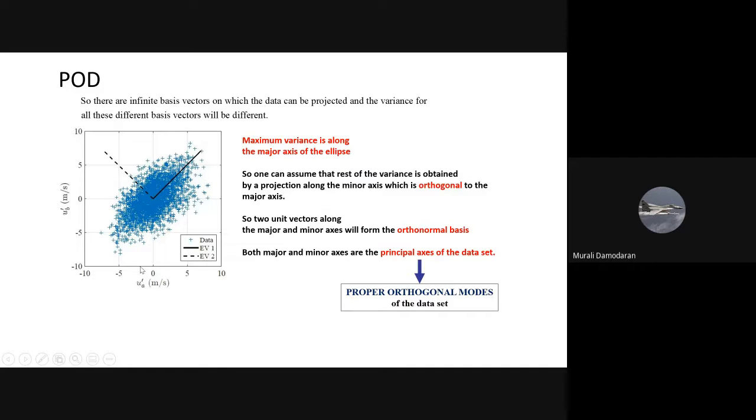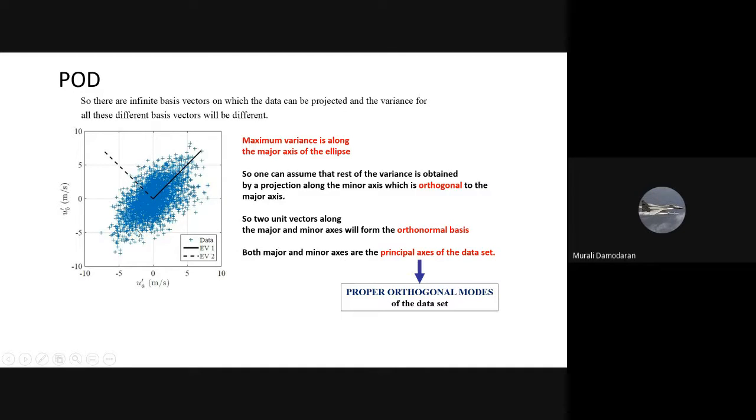So one can assume that the rest of the data will probably be lying along the minor axis, these lines. If I take these basis vectors, they are normal to each other, the major and minor axis. They form what is called the orthonormal basis, and that is what we call the proper orthogonal modes.